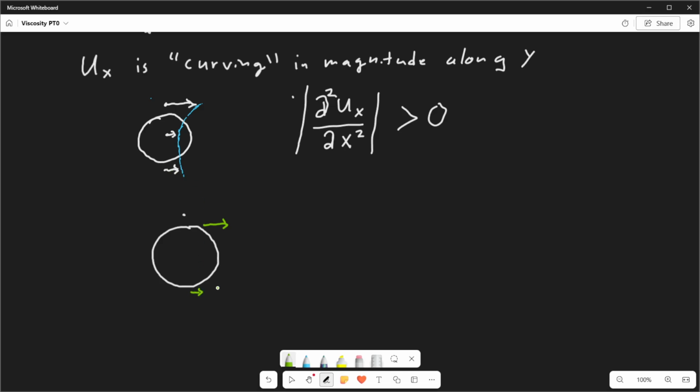And the forces actually point in the same direction. So this is force top, this is force bottom. So the magnitude of force top plus force bottom is going to be greater than 0, because these are both pointing in the same direction. So this is the case where there's actual viscosity.